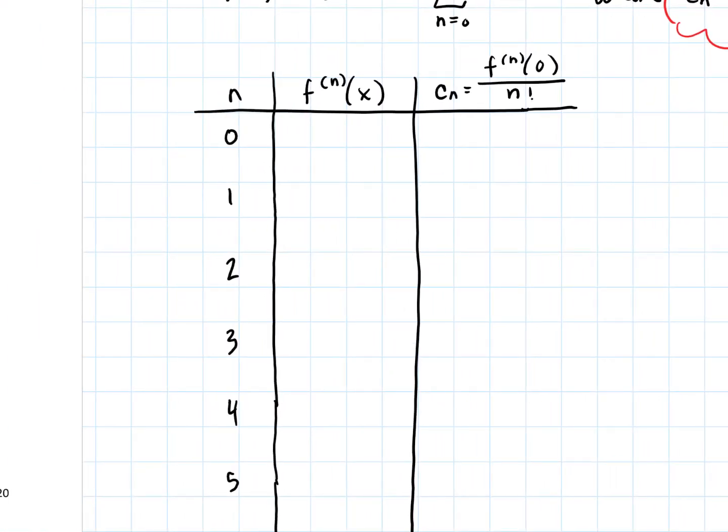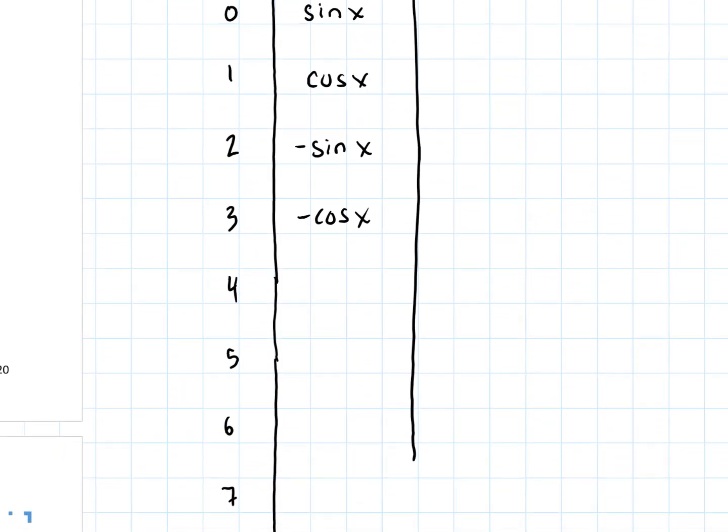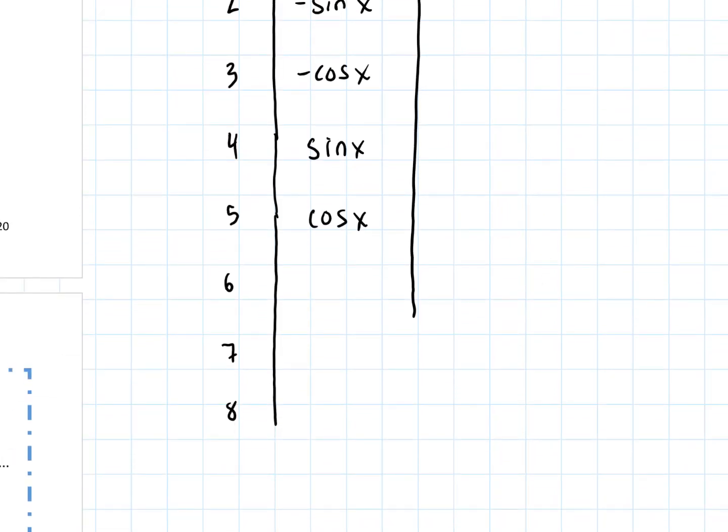Okay, so if the function itself is the sine of x, then when we take the first derivative, we get the cosine of x, the next derivative, negative sine of x, negative cosine of x, and this is why I wanted to go all the way down, because by the fourth derivative, we've cycled back to the sine of x, and so I just want to show this pattern 2 times through. So the derivative of sine is cosine, derivative of cosine is negative sine, negative cosine, and then back by the 8th derivative to the sine of x.